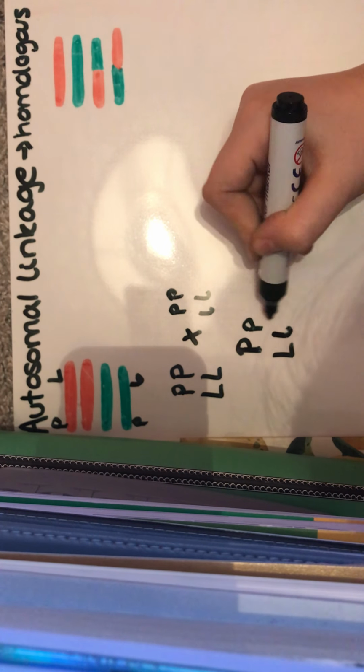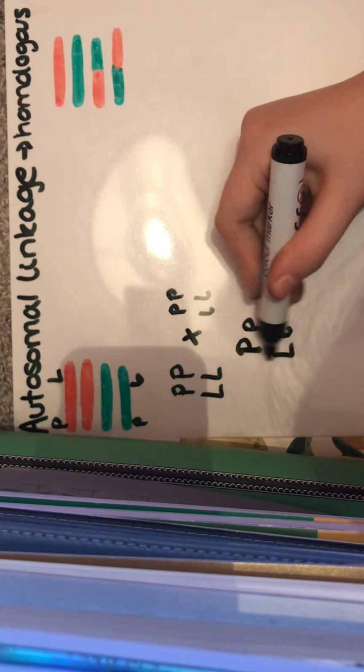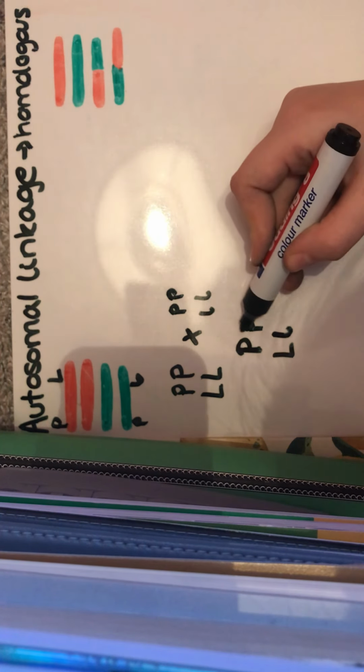Now if we interbred these first generation individuals, the only two possible gametes would be lowercase p, lowercase l, and capital P, capital L. If these weren't autosomally linked we would be able to have the other ones, but as they are linked, we must inherit these together and these together.